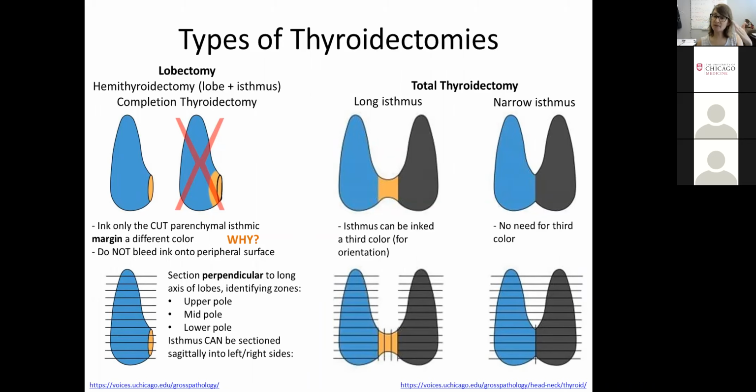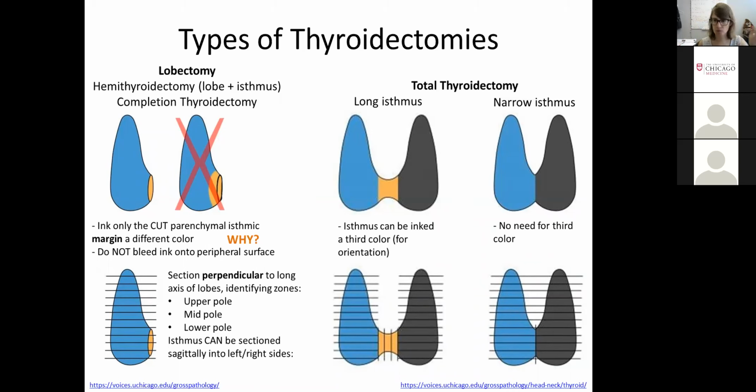In your lobectomies or your hemithyroidectomies, do not section the isthmus sagittally, just continue your sections perpendicularly so that you can have a perpendicular margin of that isthmic cut, okay? However, if it's a total with a long isthmus, you can section that sagittally from left to right.